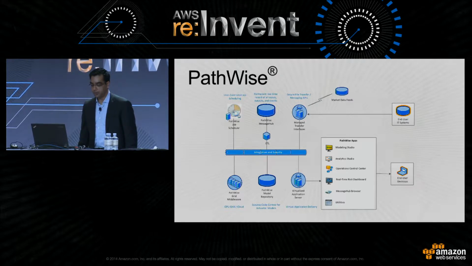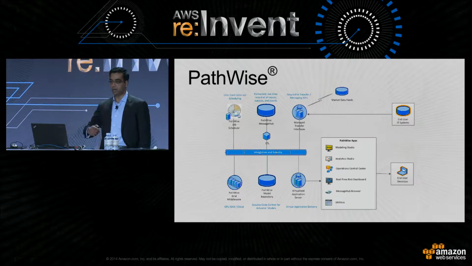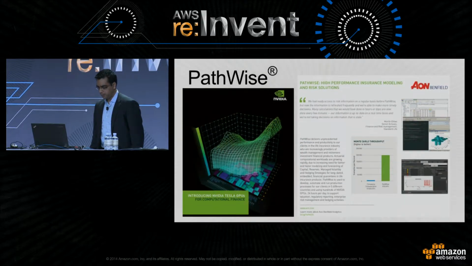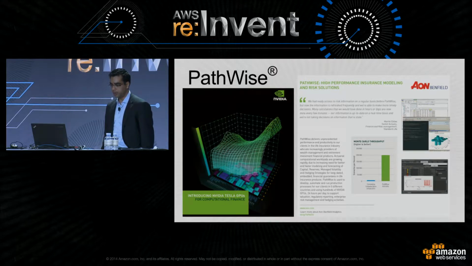All of this is happening in the AWS cloud, but our end users are customers, and they VPN into the environment to use our products. You can read more about our product in NVIDIA's brochures. We work closely with NVIDIA.